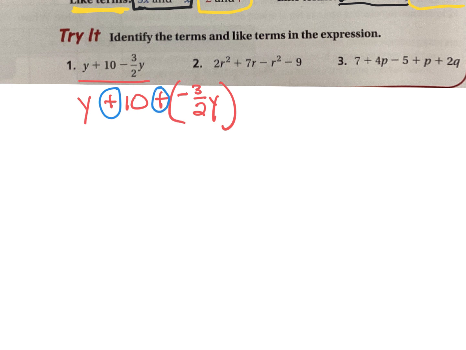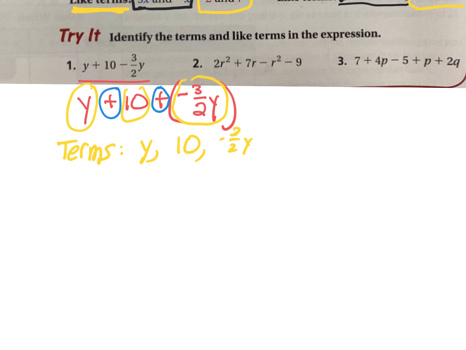So now I have all addition. Then I look at everything that's separated by that. We have the y, we have a 10, and we have a negative 3 halves y. So my terms, there are 3 of them.